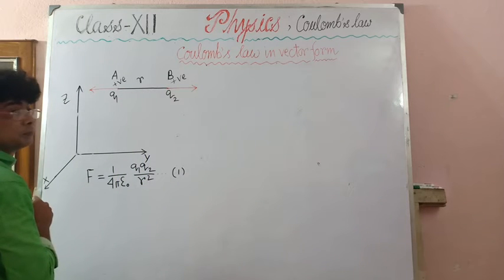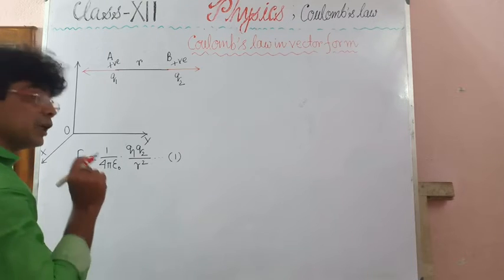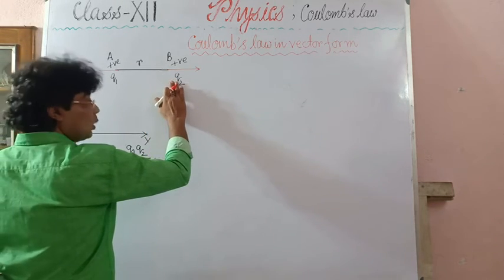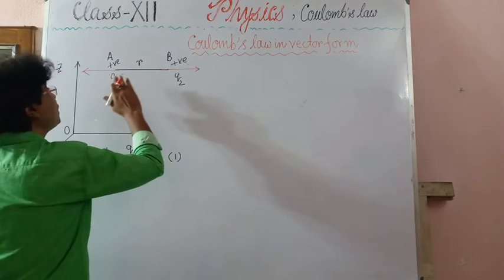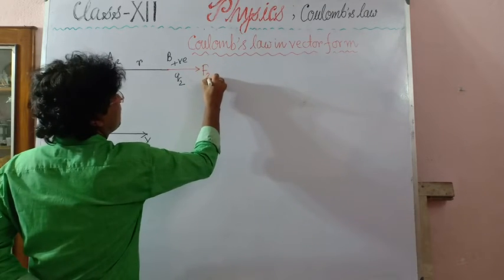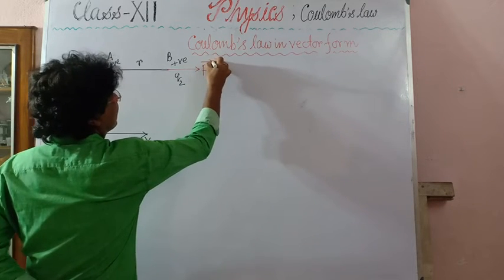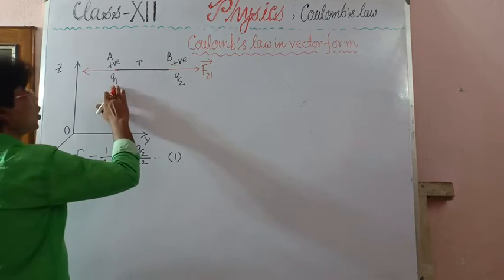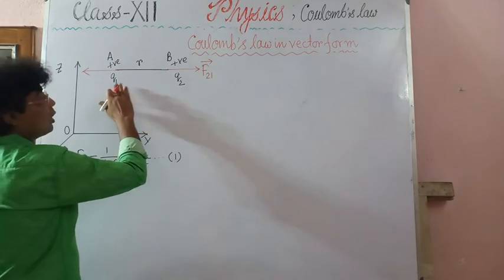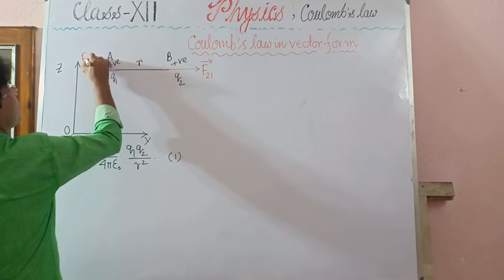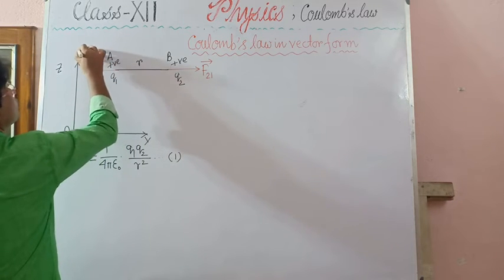Now, we denote force on Q2 due to Q1 as F21 vector, and force on Q1 due to Q2 as F12 vector.